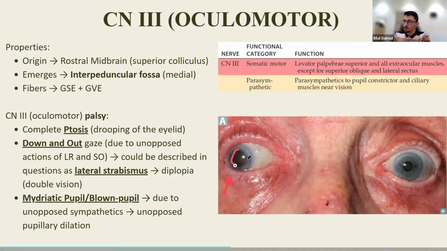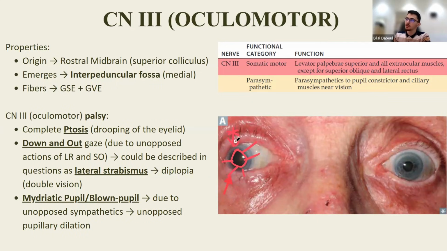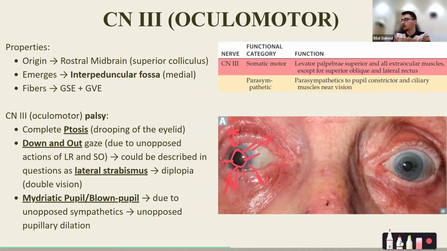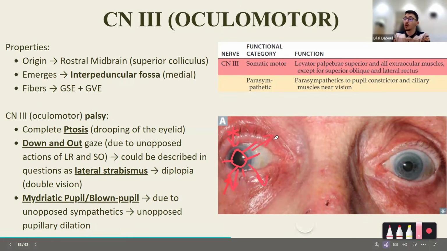We have the sphincter pupillae muscle, and we have the radial muscles. If the input to the sphincter pupillae muscle is lost, you would ultimately have unopposed action of the radial muscle or the dilator pupillae muscle, and it's supplied through sympathetics. So you have unopposed sympathetics to the dilator pupillae muscle, and you would have a blown pupil.